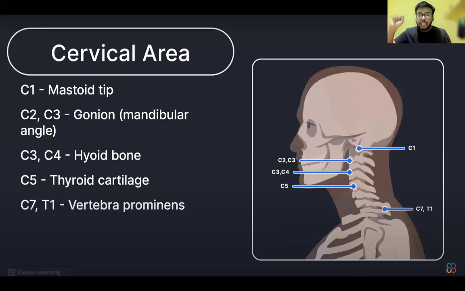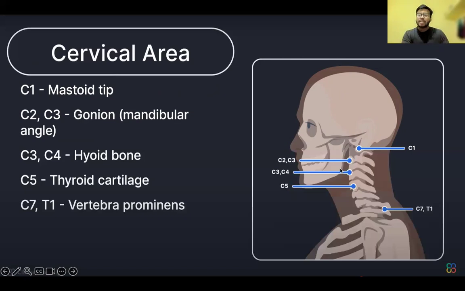At the level of C2, C3, the second and third cervical vertebrae, we have the mandibular angle. See here, we have the mandible. This part of the mandible is called the mandibular body, and this part is called the mandibular ramus. The angle created by the mandibular ramus and mandibular body is called the mandibular angle or gonion.